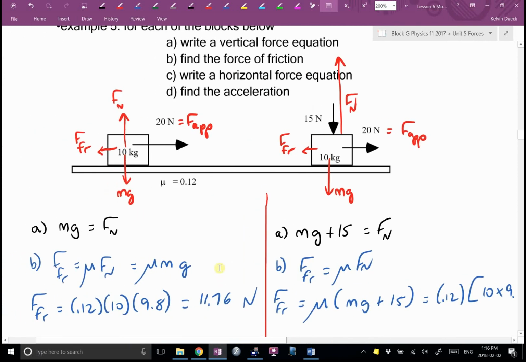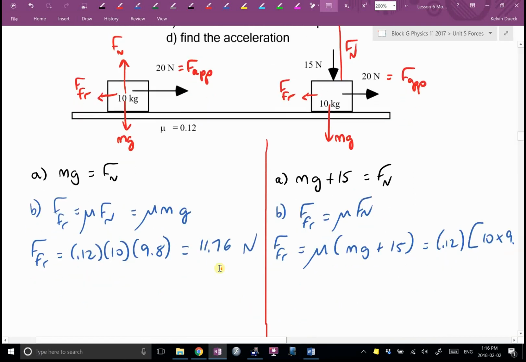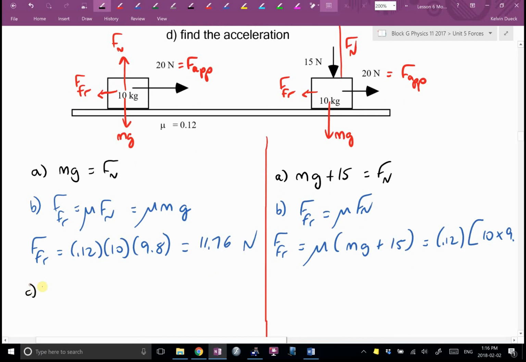Sierra, what does C want me to do? Look at the first picture. Who's winning horizontally? Who's losing? What does winner minus loser always equal? Look at the second picture. Who's winning?